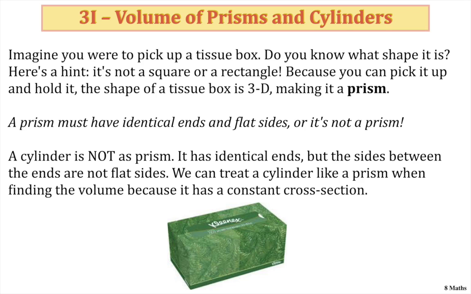So what we're going to call the cross-section constant. Now what a cross-section is, imagine my picture now looks something like this. There's my tissue box type shape. And imagine that wasn't a tissue box, it was a rectangular loaf of bread.